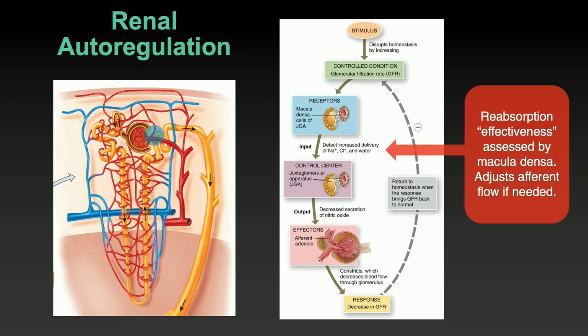How well has the nephron done its job of reabsorbing solutes? And then if we need to adjust, we can change the afferent blood flow accordingly. We're essentially measuring the effectiveness of that reabsorption and adjusting flow if needed. That was the tubuloglomerular feedback, the second branch of autoregulation that we just talked about.